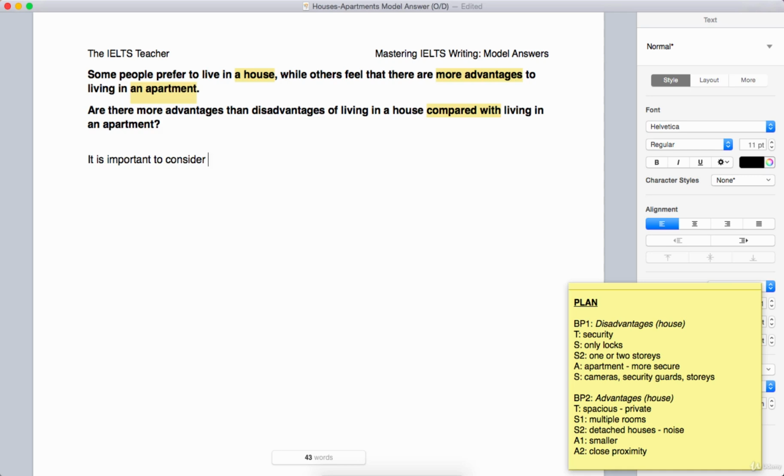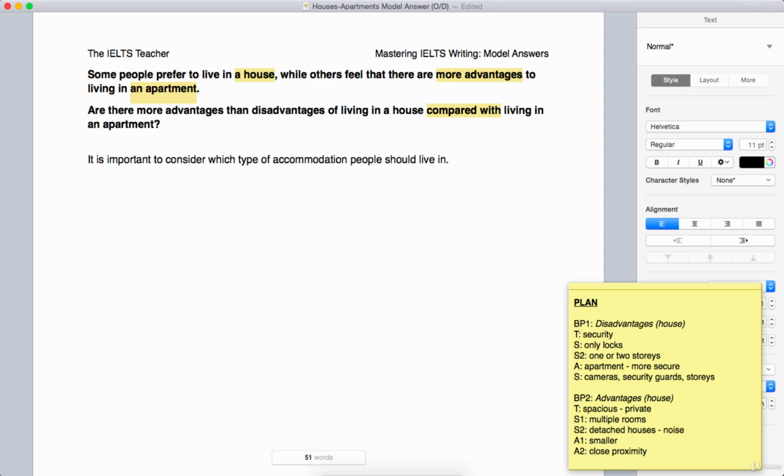Houses and apartments. Hopefully, you can think about the word accommodation, and we can slot that in just the same type of sentence. It is important to consider which type of accommodation people should live in. Okay, there we go.